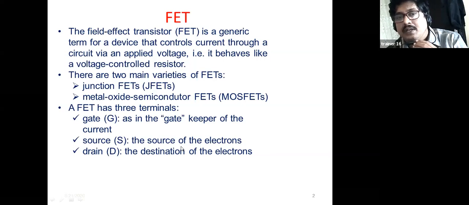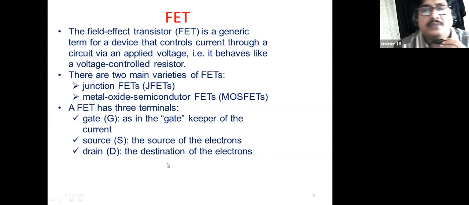That means here the source current and drain current are there, and in that case the emitter current and collector current. But here the gate is a common terminal for both input and output, whereas there the base is the common terminal for both emitter and collector. Similarly here. Then next we will go to the next slide.